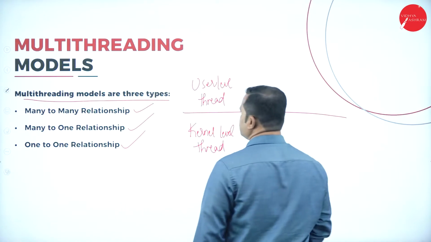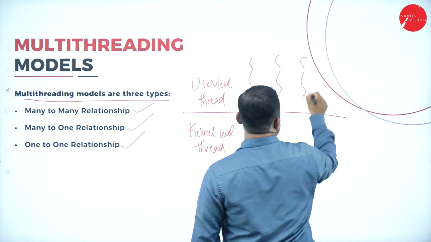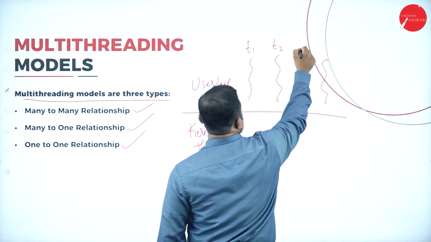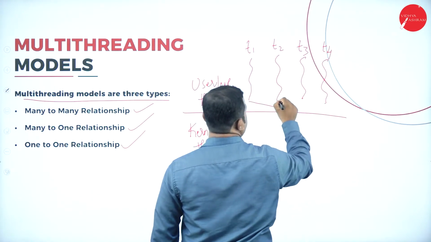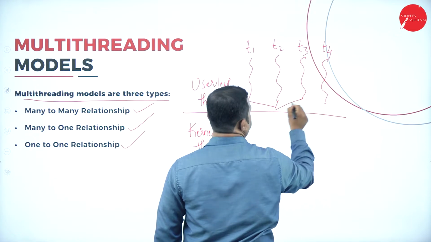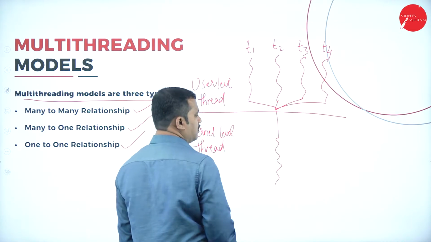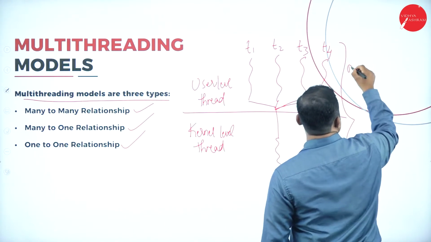In this case, whenever there are multiple threads, that is T1, T2, T3, T4, all these threads operate together on one single thread in the kernel level. Then we say this model as many-to-one model.